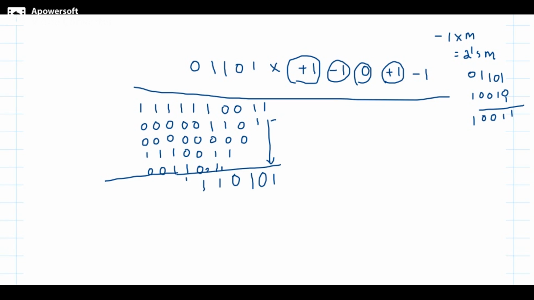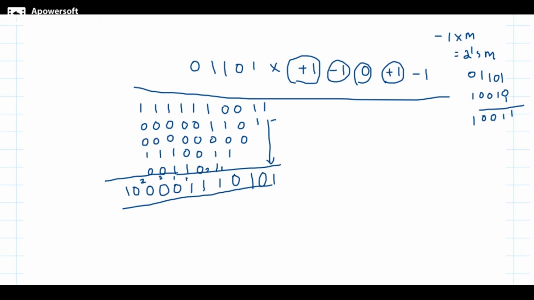So 1 plus 1 plus 1, that is 3, I can write 1 and carry as 1. 1 plus 1 plus 1 plus 1, that is 4, so I can write 0, carry is 2. 2, 3, 4, I can write 0 here, once again carry is 2. 2, 3, 4, so I can write 0 and carry is 1, 0.